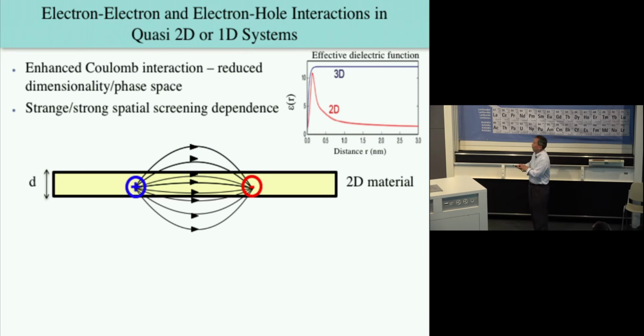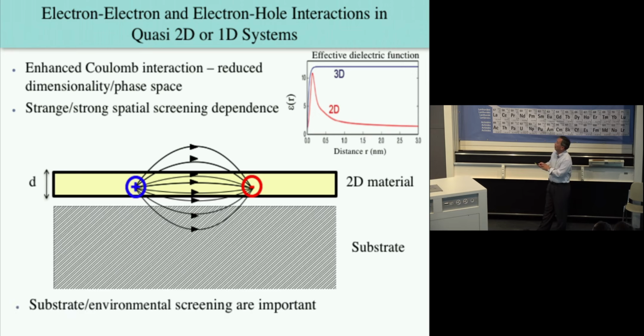When they go further away, the screening kicks in, but when they're very far away, you see that the field lines go outside of the sample, because we still live in 3 dimensions, and then screening becomes ineffective again. So in fact, if you look at the effective dielectric function screening the interaction between the two particles, one would find the following.